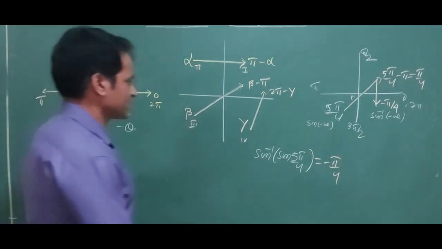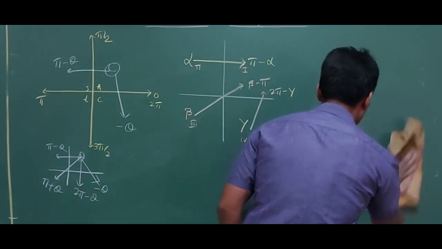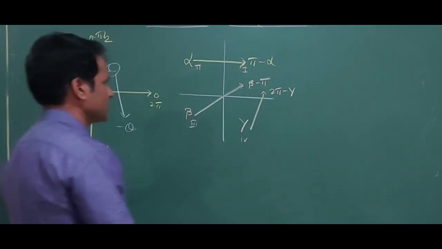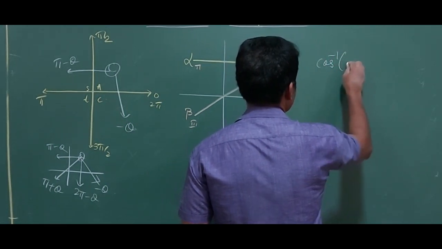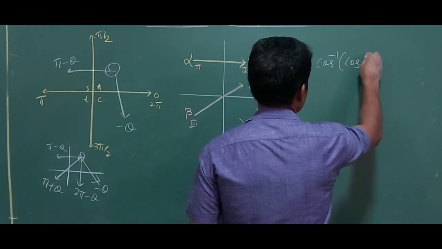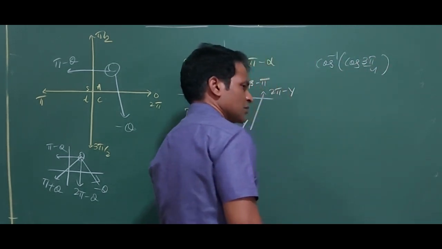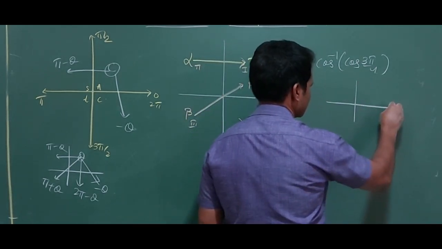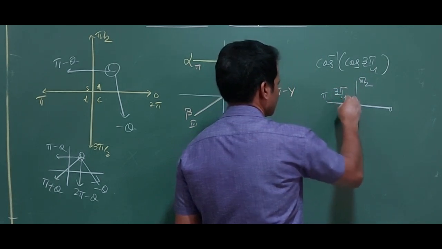Alright? Next. So next question is cos inverse cos 3 pi by 4. Cos inverse of cos 3 pi by 4. 3 pi by 4 means 135 degree. 0, pi by 2, pi, 3 pi by 4 here.